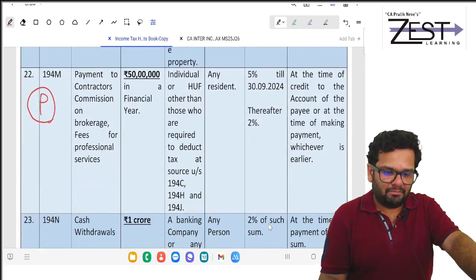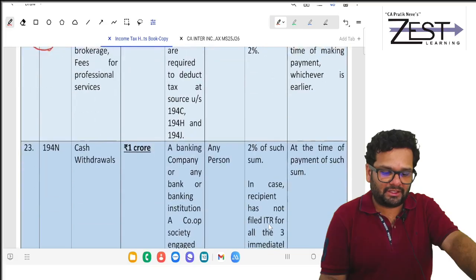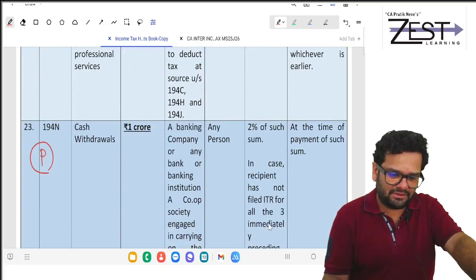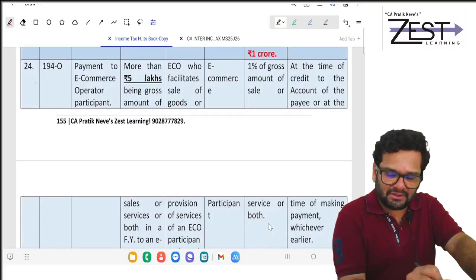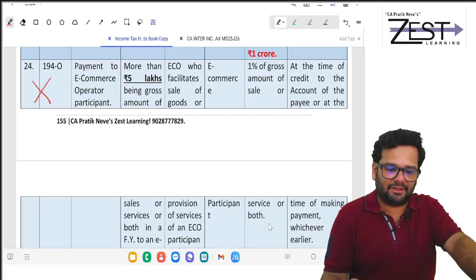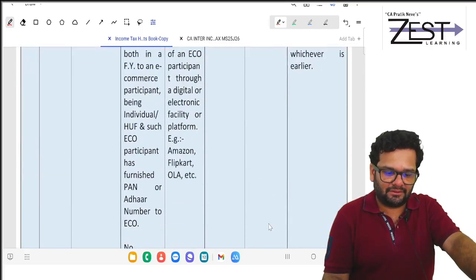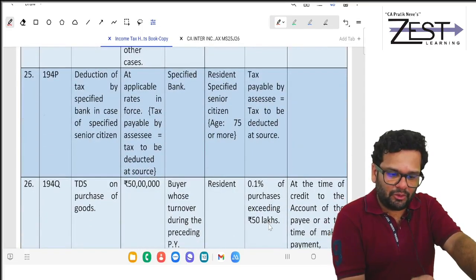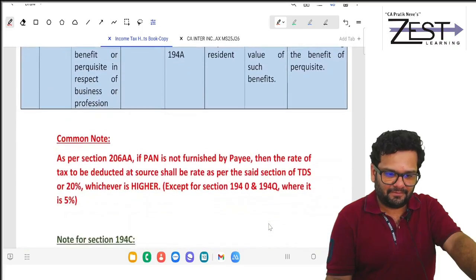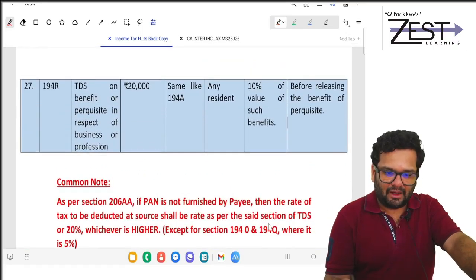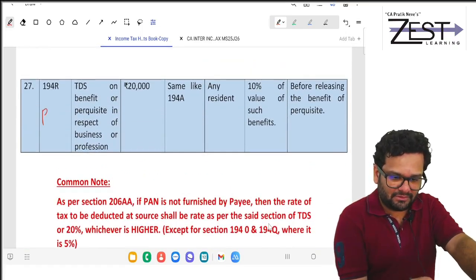Then M, N will be done in the next session. O is not there now, I think it's deleted. O you can delete. P, Q, R we will do in the next phase.